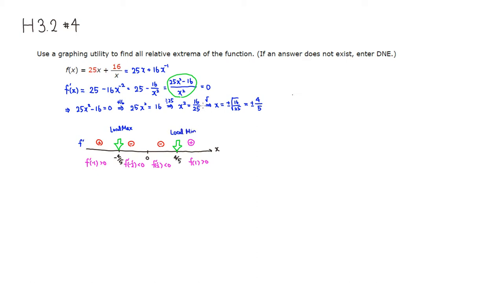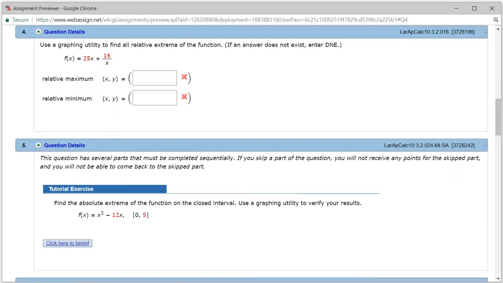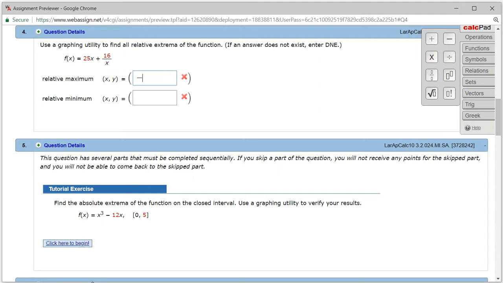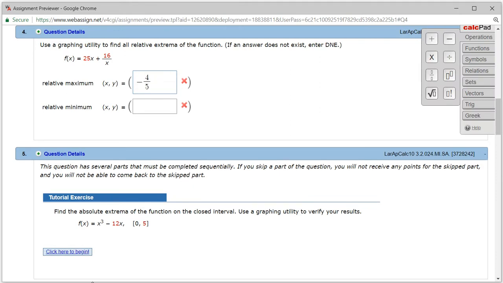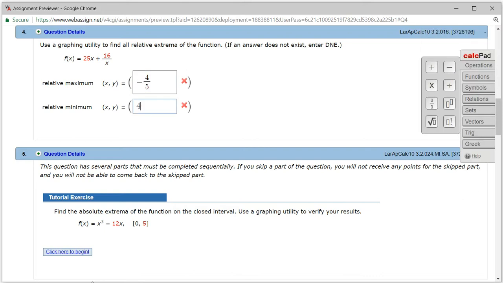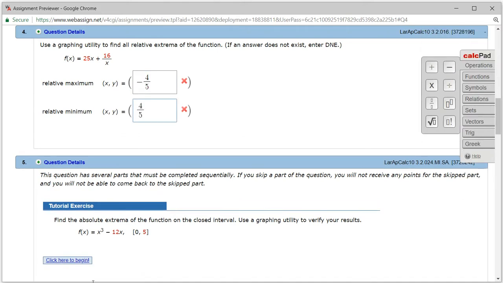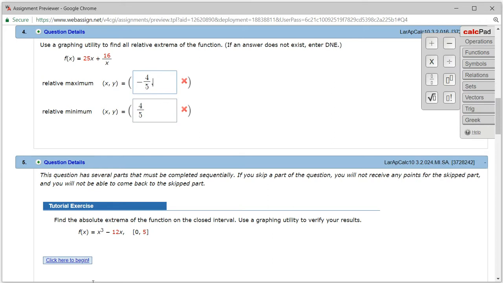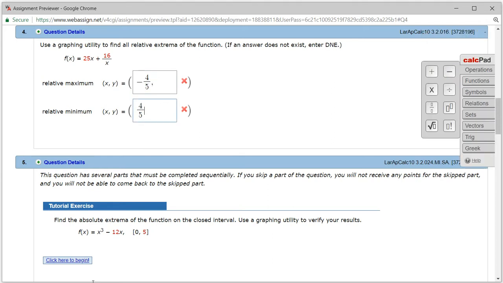So we want the relative max at negative 4/5 and the relative minimum at positive 4/5. Then we need to come up with the corresponding y values. So let's do that.